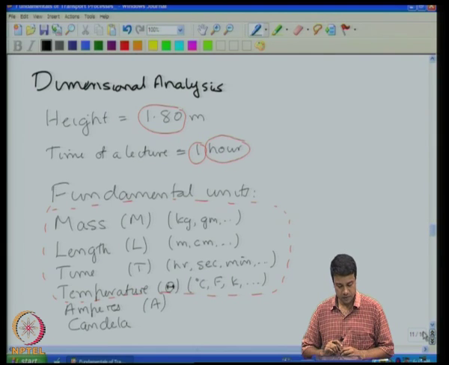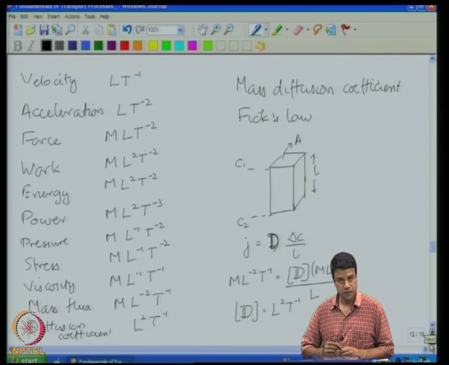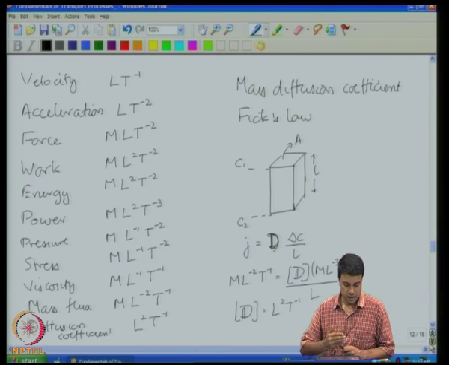In this course, we will use only 4 of these: mass, length, time, and temperature, which I have denoted by m, l, t, and theta. In any equation that you write, the dimensions on both sides have to be equal. So, all of these other derived quantities can be determined from relations between these derived quantities and fundamental quantities.